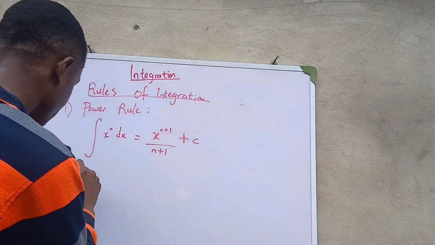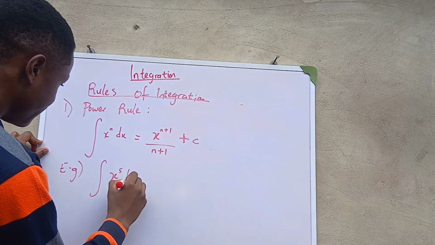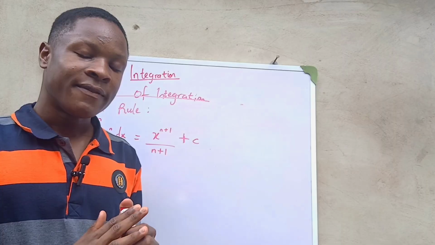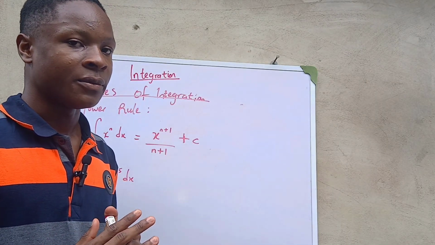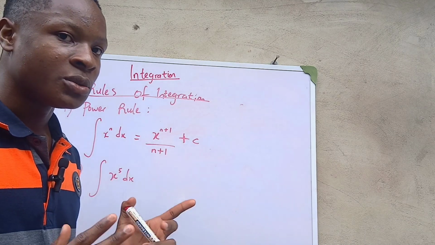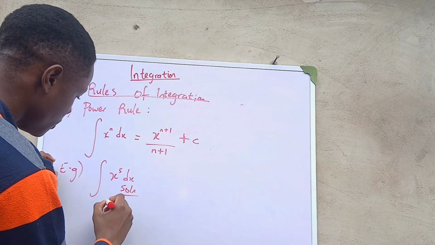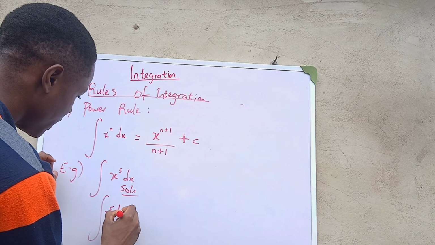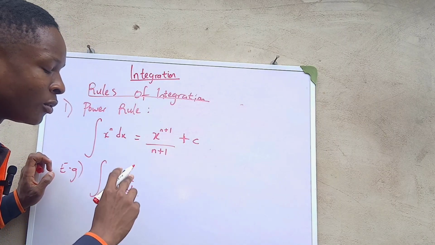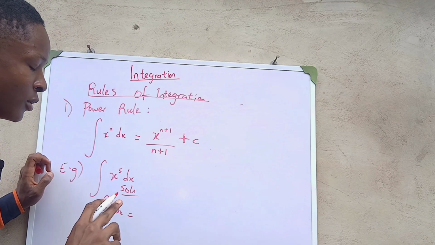So now let me give you an example. Example of this is integral of x to the power 5 dx. So we are asked to integrate this. Now what do we do? First, you have to identify the rule that we are meant to use. Since this variable is raised to power 5, it means that we are going to use power rule. So for us to use power rule, we'll add 1 to the power and divide by the power plus 1.